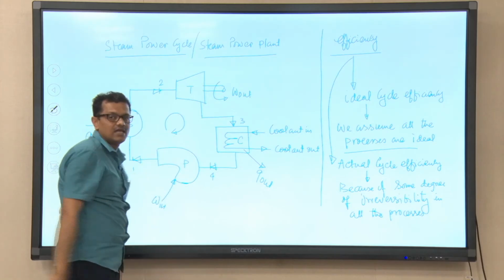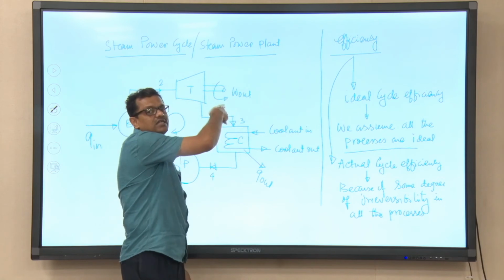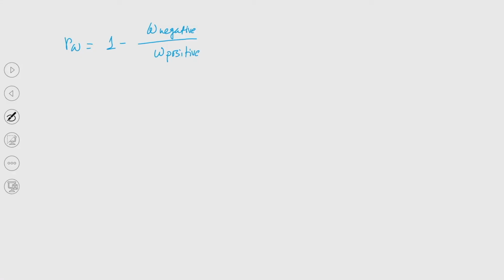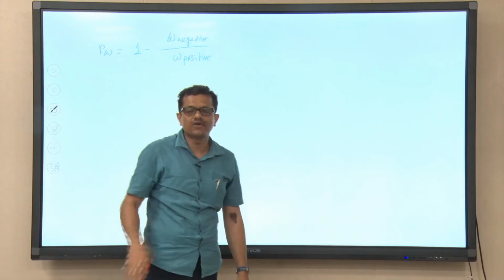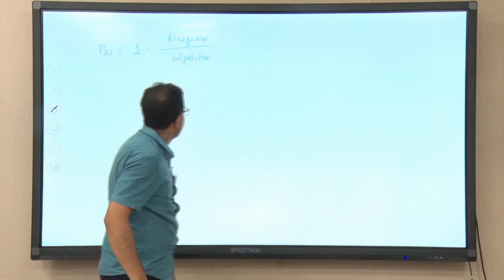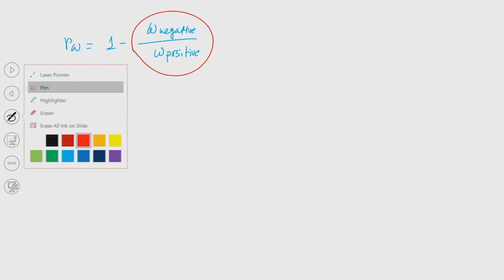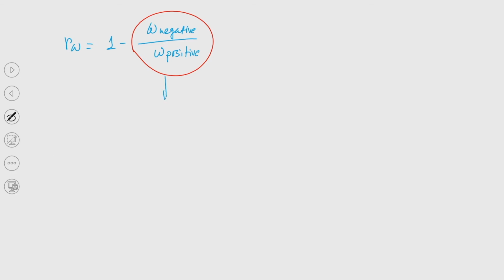Though it is positive, it is not the net. So, the ratio of negative work to positive work is the decisive factor for the efficiency of the plant. Now, the ratio of this quantity is also known as back work.